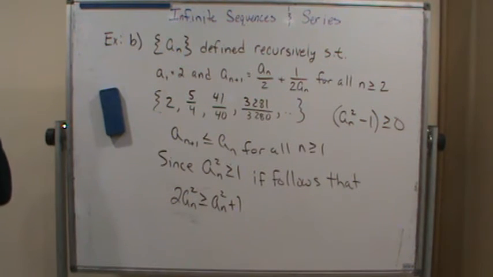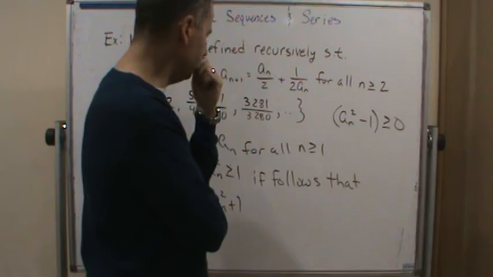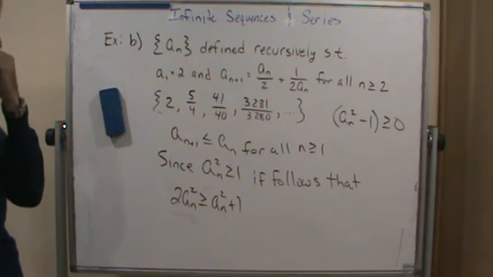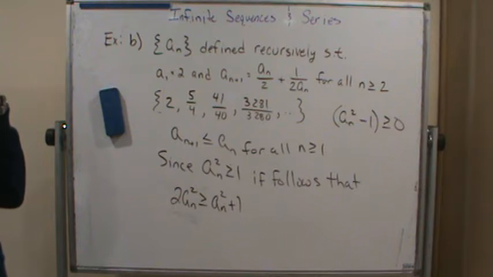So now, what can I do here? Where does this get us? Well, what am I trying to do? I'm trying to get to here. So what do I need?